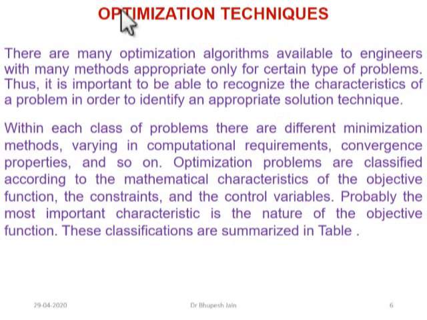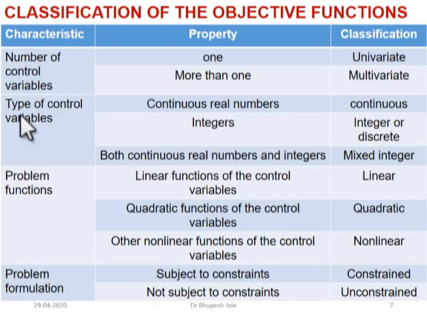Now there are many algorithms available to solve multi-objective optimization problems, so we talk about the classification of various optimization techniques. At this level you just need to know their names and how to classify them.